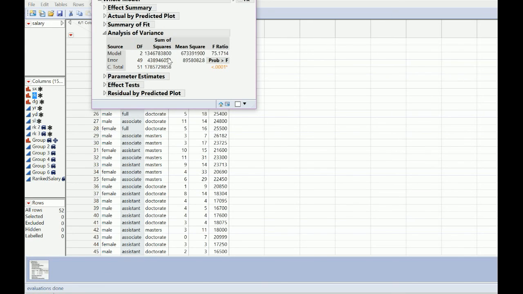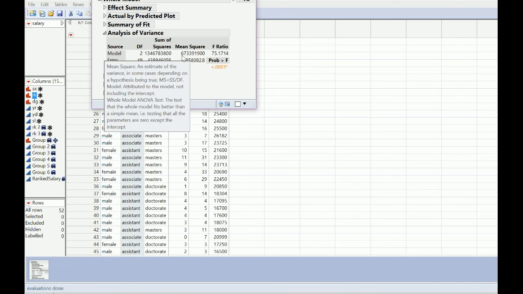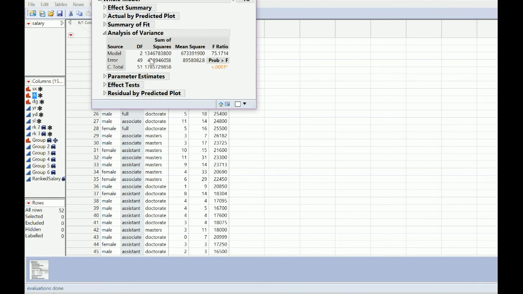So we have, again, within rounding, the exact same sums of squares values that we would have calculated when we'd done them by hand. Mean squares, if you were to look at this, are equal to sums of squares divided by the degrees of freedom. And this F ratio is the ratio of between mean squares to within or error mean squares.